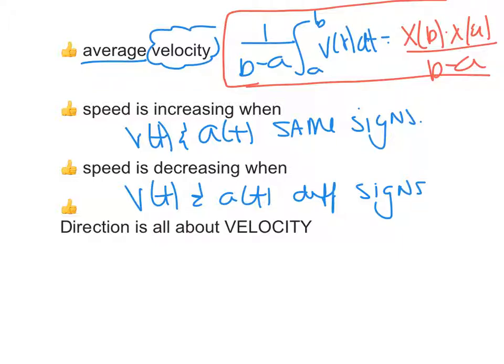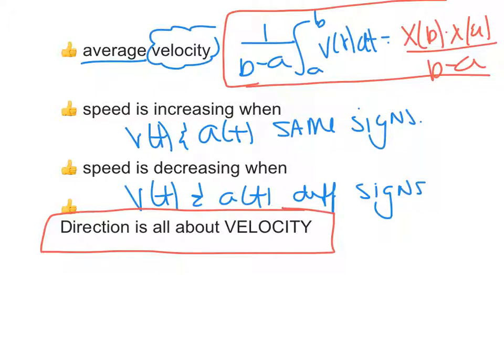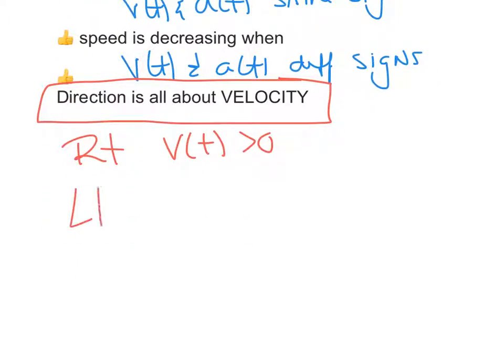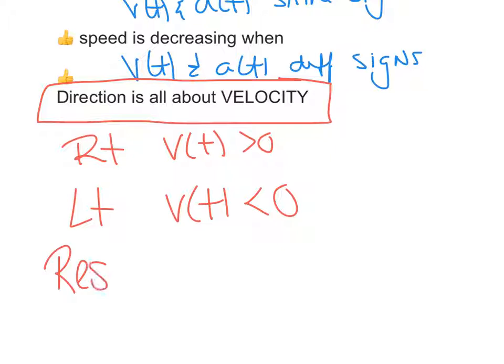And then our big one, direction, is all about velocity. So what can direction refer to? Well, remember, direction can mean to the right, and that's when your velocity is greater than 0. Direction can also mean to the left, and that's when my velocity is less than 0. But direction can also be when you are resting or not moving, and that's when your velocity actually equals 0.